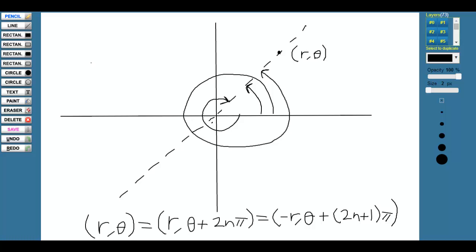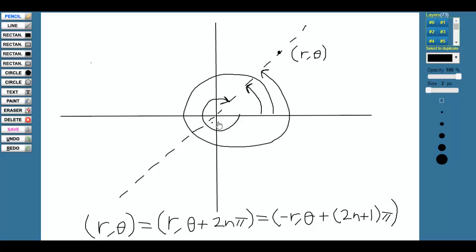But a major difference between rectangular and polar coordinates is that rectangular coordinates can only be written one way. The point (3, 2), for example, can only ever be the point (3, 2). However, as you can see here, this point (r, theta), this is the angle theta, but you can get this same angle by going around in the negative direction or going all the way around, an infinite amount of ways you can get that same angle.